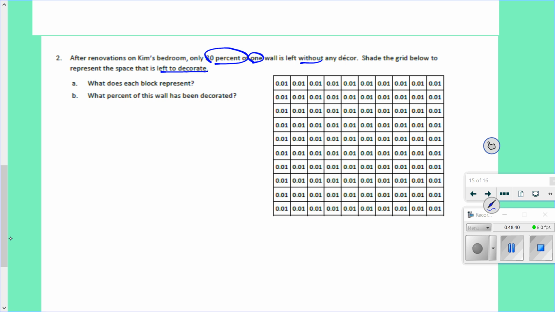But what did they say? 20% is without decor. So how many should I be shading in? Oh, 30. I couldn't read it because I covered it too much. 30, thank you. So how many of them should I be shading in? 30. Make sure you answer the rest of the questions based on that. I'll give you that hint.